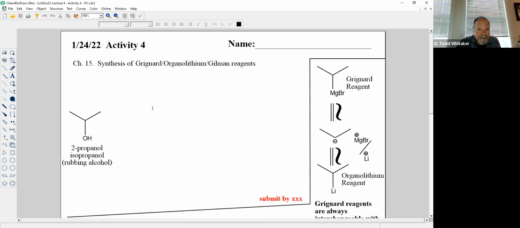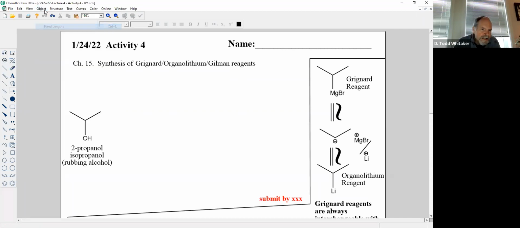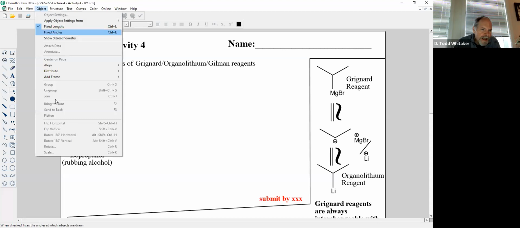Okay, so every example here, we need to make it into an organic halide first. Could have been bromine, could have been chlorine, any of them. Iodine, except we don't know that reaction.